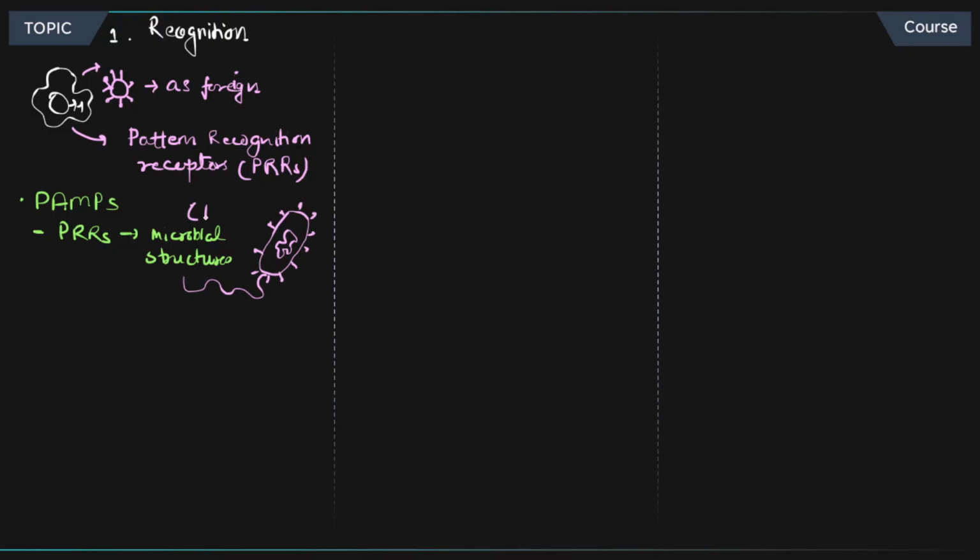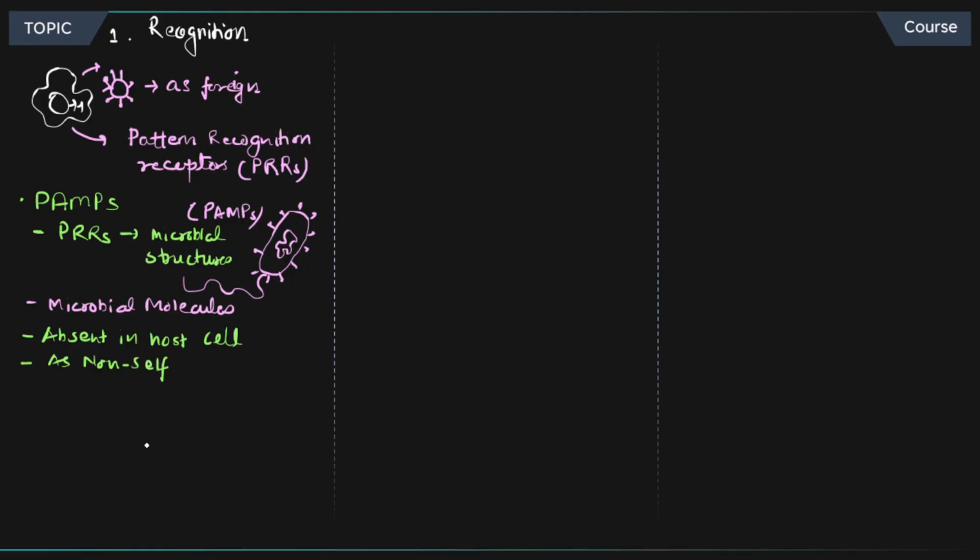All these are PAMPs. And PRRs are the receptors that are present on the immune cells. So microbial molecules are called PAMPs, and they are absent in the host cell. They are not present in the host. That's why the immune response is generated, because they are treated as non-self.